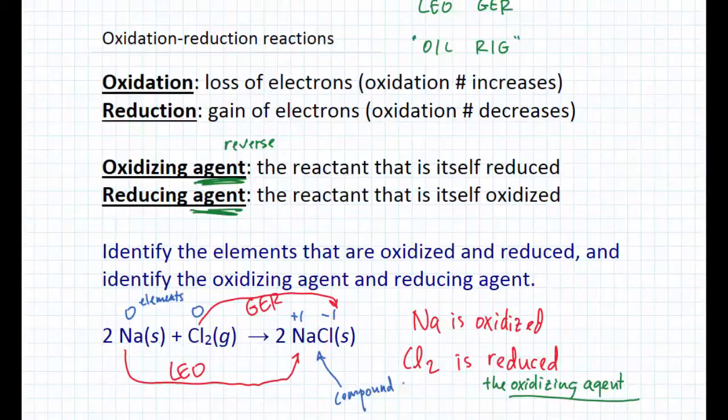So then you track one element from one side to the other side. We went from 0 to +1 for sodium. We went from 0 to -1 for chlorine. And we think about how adding or removing electrons would cause that number to change, keeping in mind electrons are negative. So why did we say Leo there for sodium, going from 0 to +1?